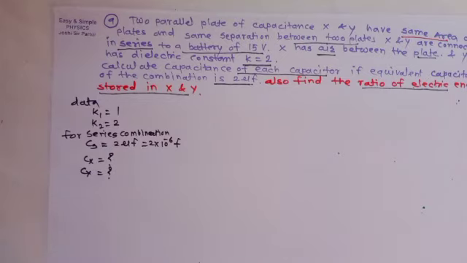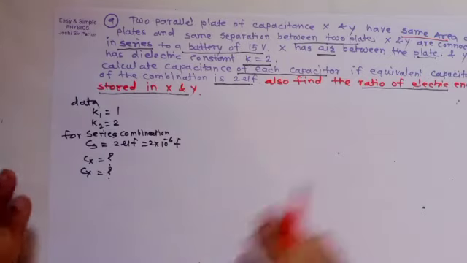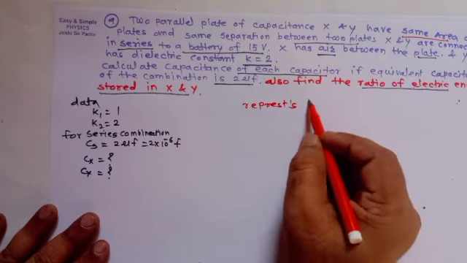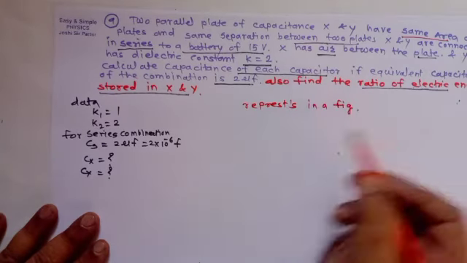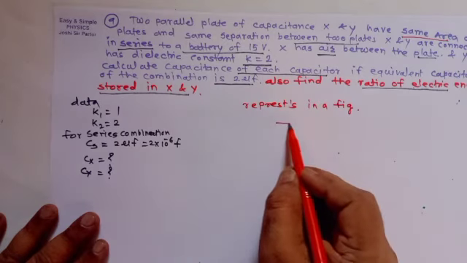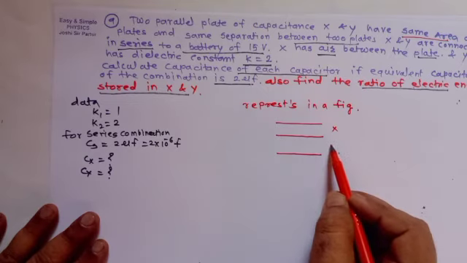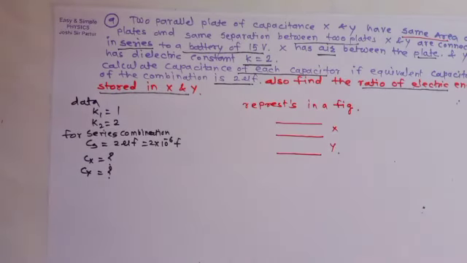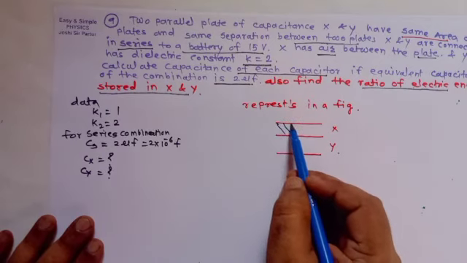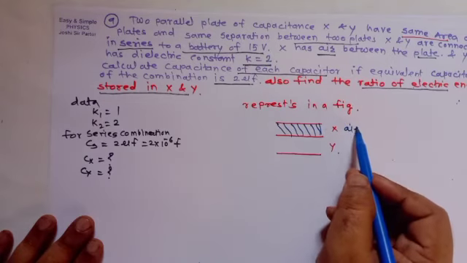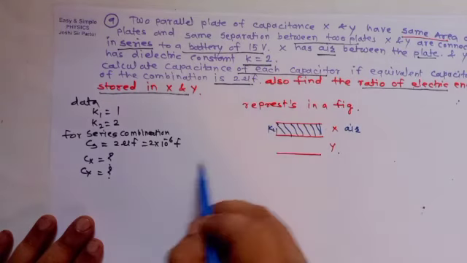So here we can see a figure. In this figure, this is X and this is Y. The two plates are given. Between the plates of X, air is there, that is K equal to 1.